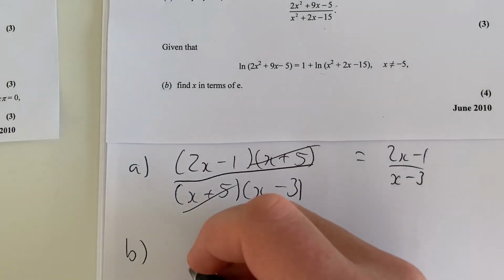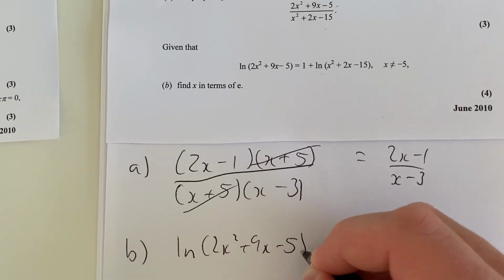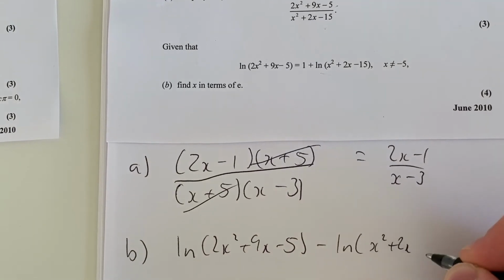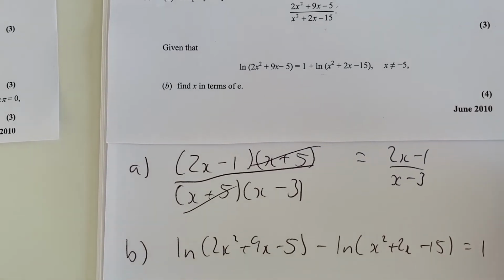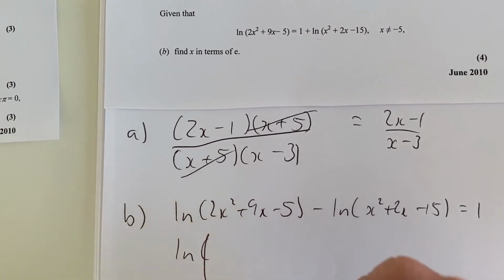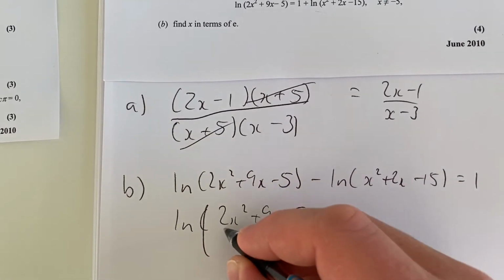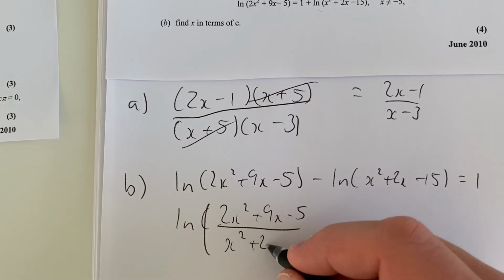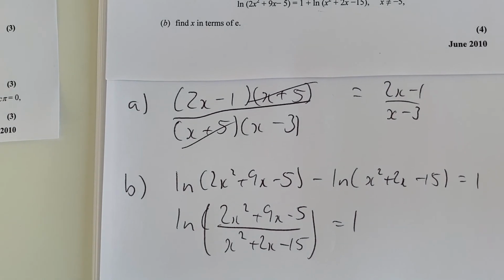So if we get log of 2x squared plus 9x minus 5, take log of x squared plus 2x minus 15 equals 1, you could say that is log of all of 2x squared plus 9x minus 5 over x squared plus 2x minus 15 is equal to 1.